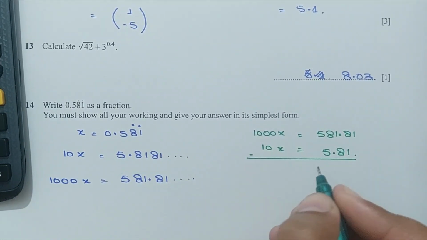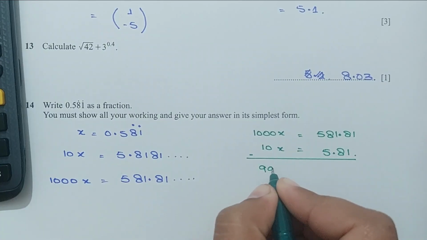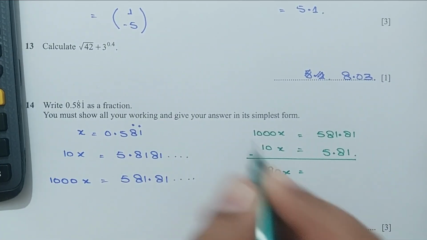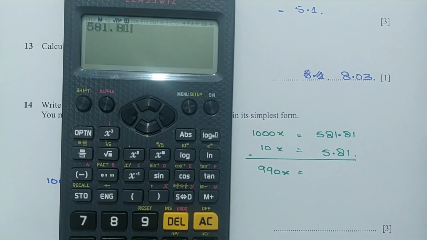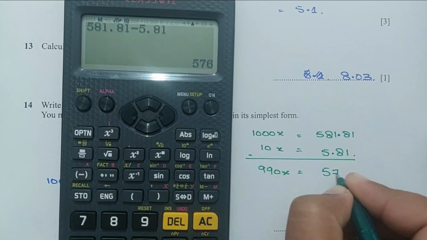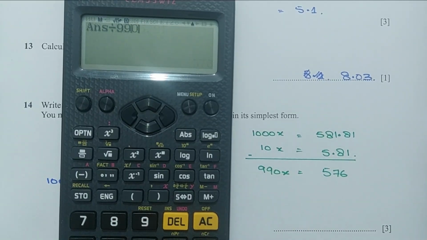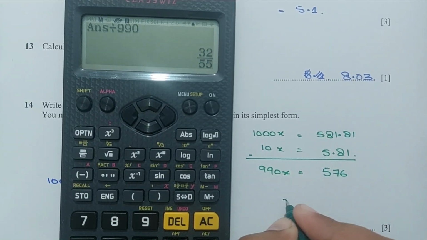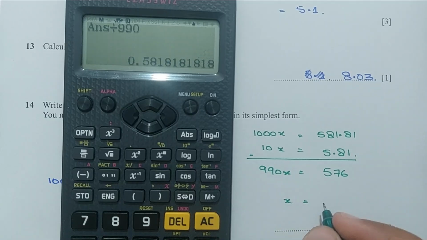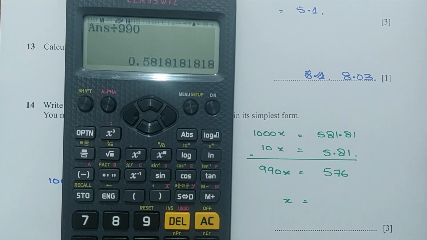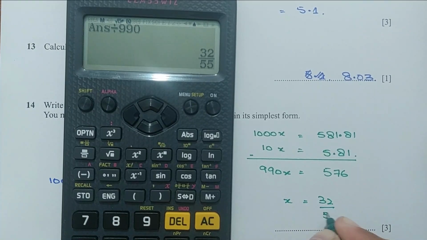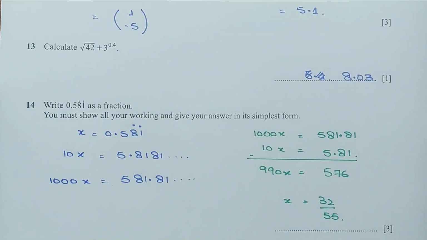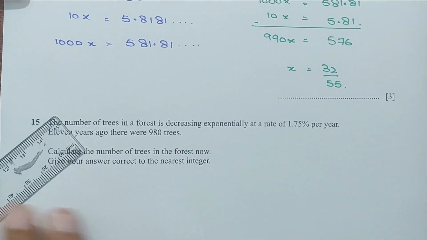From 1000 take away 10 is 990x, and this equals 581.81 subtract 5.81, which is 576. Divided by 990, x in simplest form is 32 out of 55. This is x, right? Question number 15.